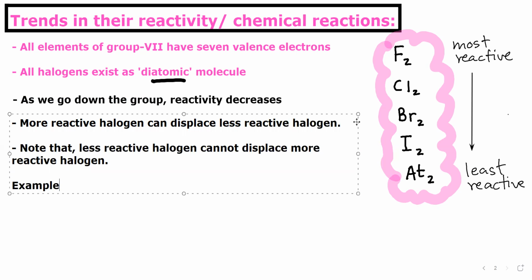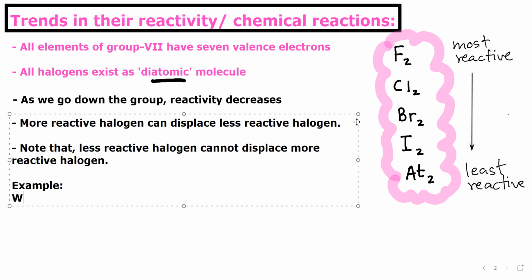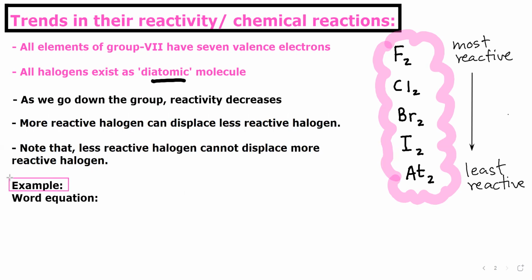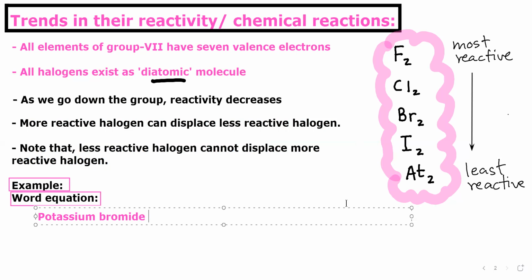So here in the example, we will write the word equation first. What do we have? We have potassium bromide reacts with chlorine, and what does it form?